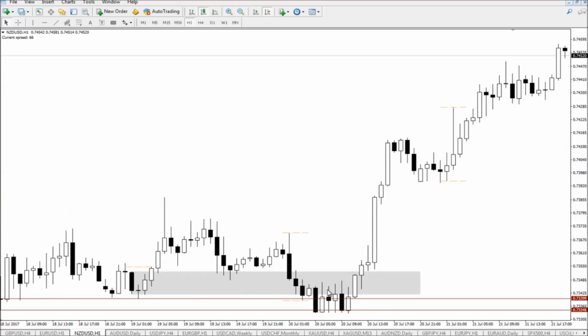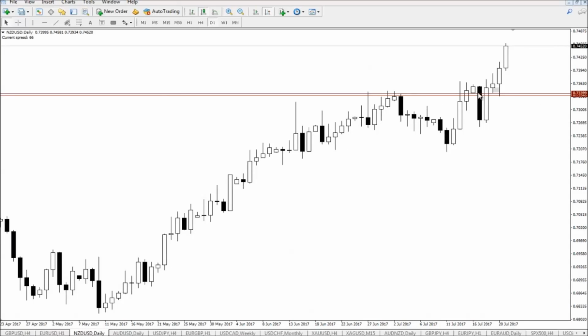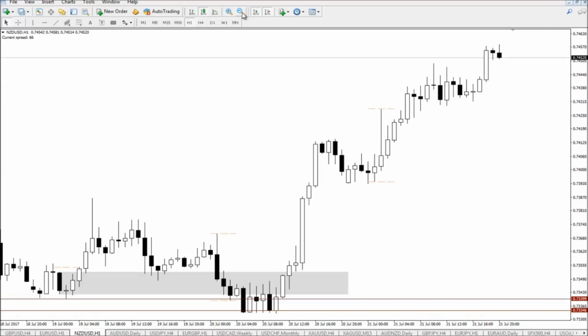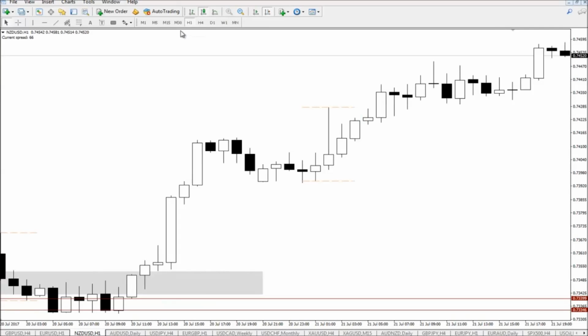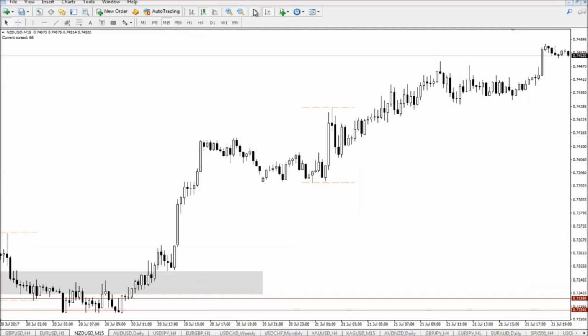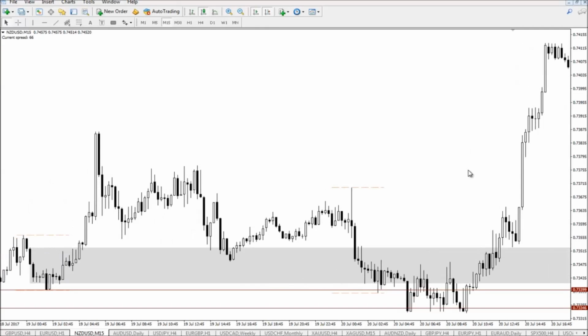Technically, overall on the daily, it is still a valid long because of this. See, there's a daily block here, but when you start playing tight stops, it does get a bit messy if you don't time it correctly. So I watched this carefully, and I said, if it goes back above this, then we're on for buy mode again, because we took out the low here, the previous day's low, and got back above it.